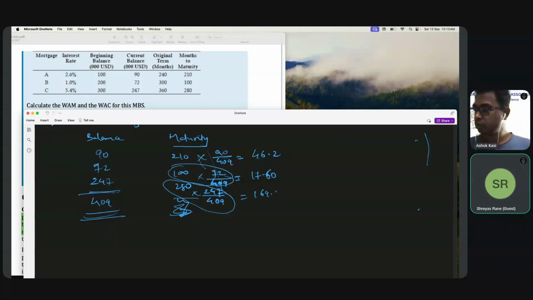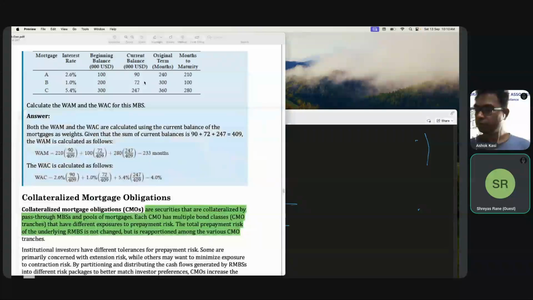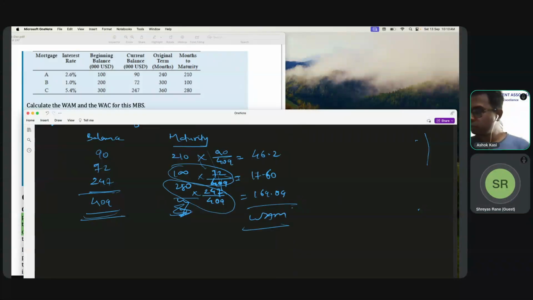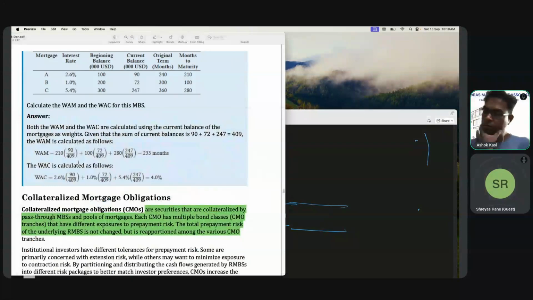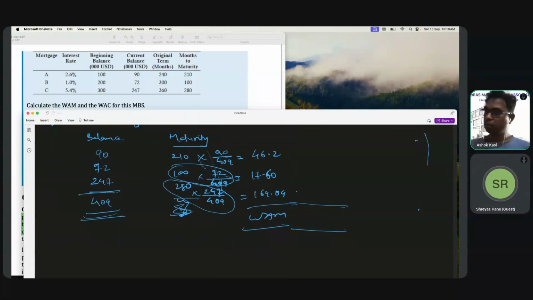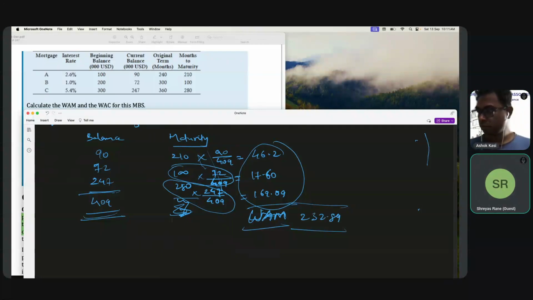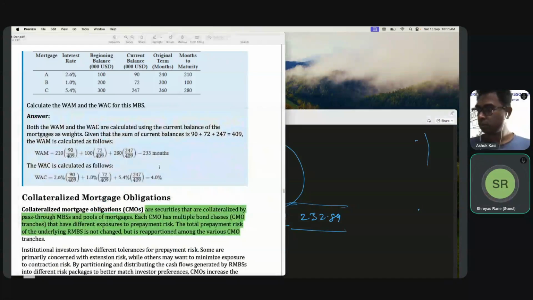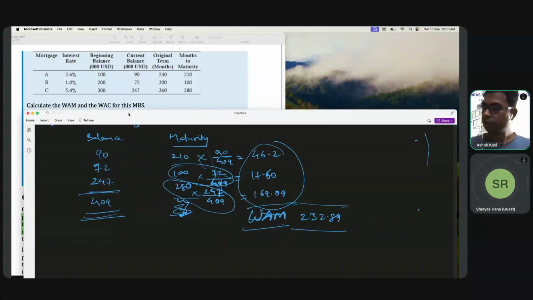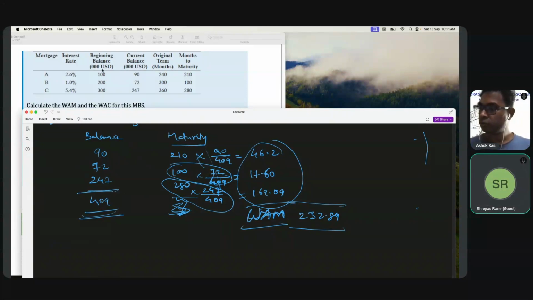This is the weighted average maturity. Add up all of these: 232.89, about 233. Similarly, we have to do it for the coupon also.